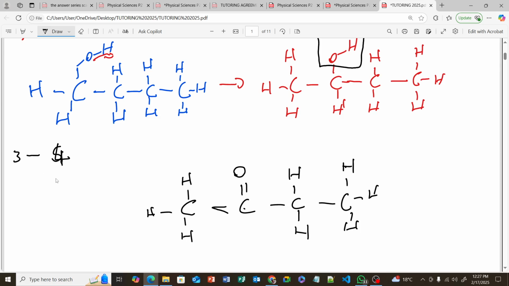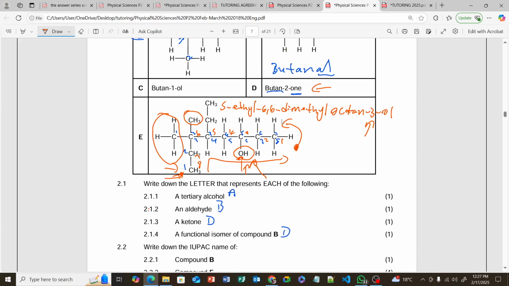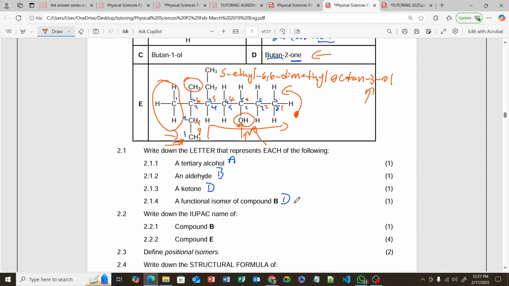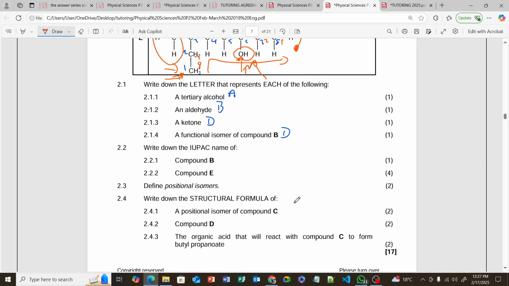So from 3 to 4, no need for you to be specific with the number because it will be obvious. Okay, now let us move on. Compound D. Okay, I'm done with that.